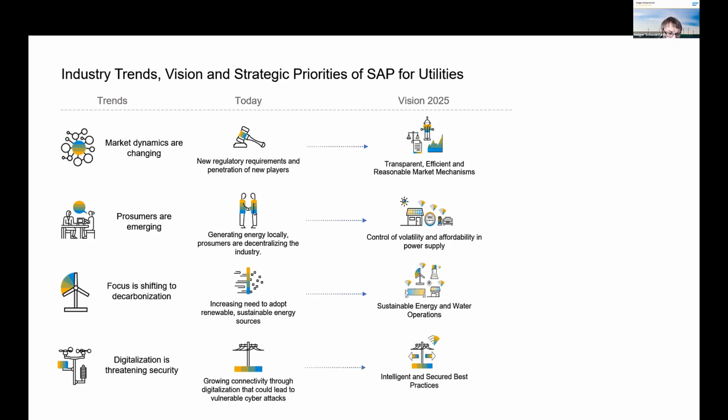And last but not least, everybody is talking about digitalization, but what it actually also means in the context of security. We see here definitely the aspect of threatening security with the many, many devices out in the field, the growing connectivity.